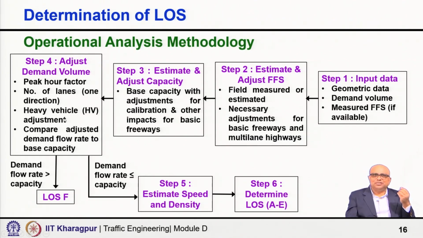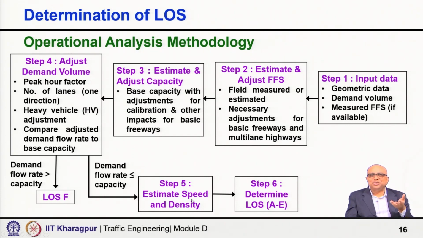If we find the demand to capacity ratio is more than 1, then straightaway we conclude that it is level of service F. If not, that is, the demand flow rate is less than the capacity and the demand to capacity ratio is less than 1, then we use the appropriate speed-flow curve to estimate the speed and density.